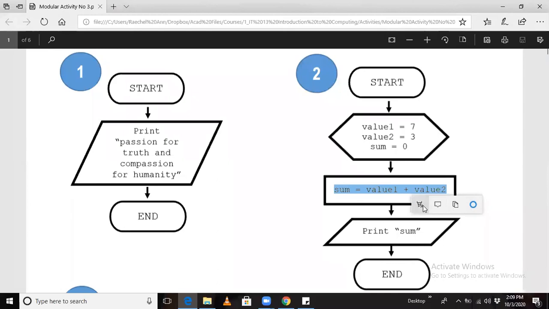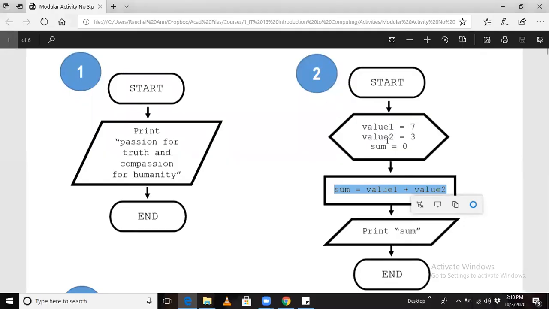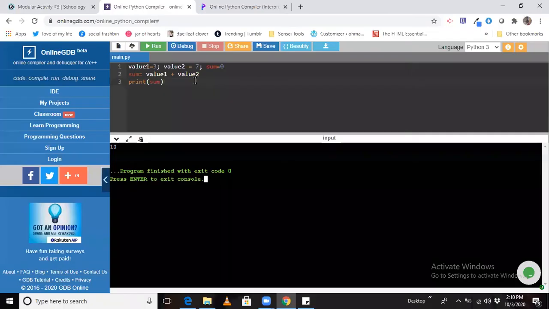Tama po ba? Ano ba to? Tama po ba yung flowchart natin with the program? Yes, ma'am. Okay, so we have value 1 equals to 3, value 2 equals to 7, and sum. Value 1, oh, mali pala. Value 1 is 7, value 2 is 3. Baligtad, ma'am.